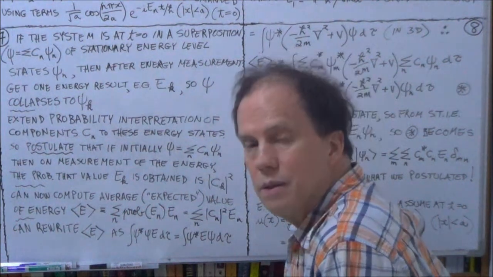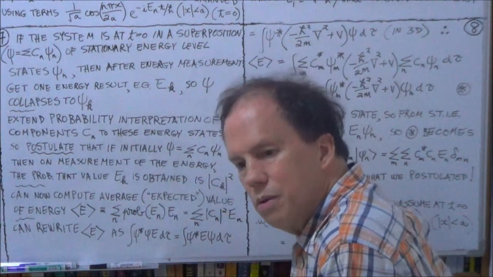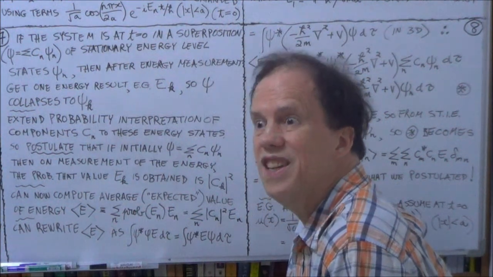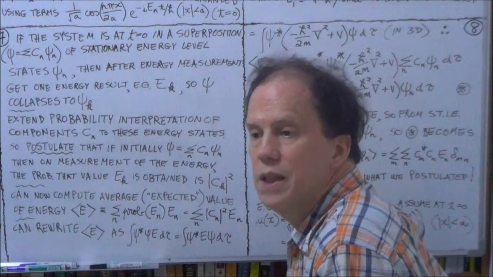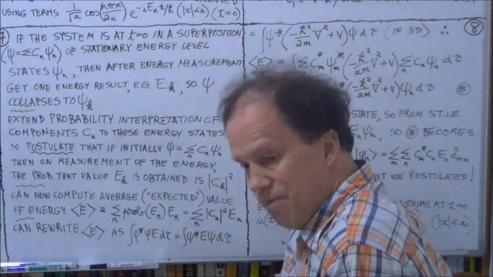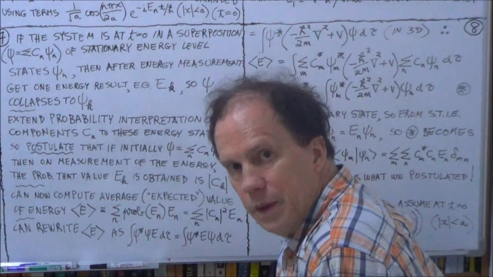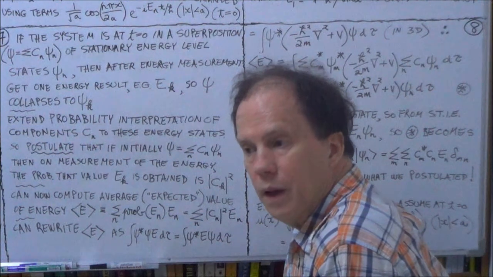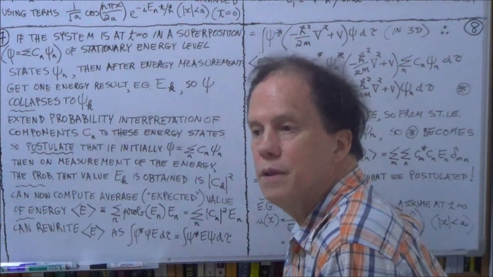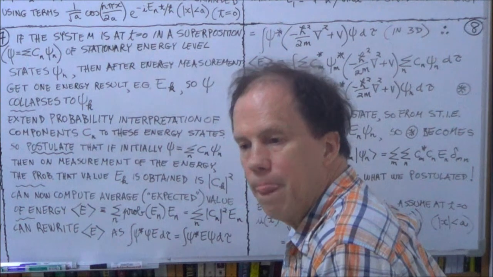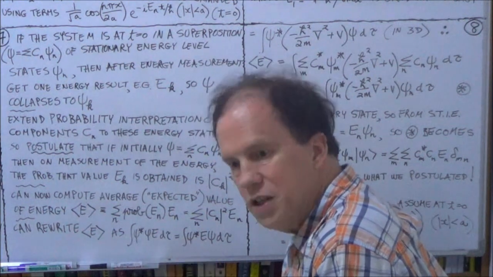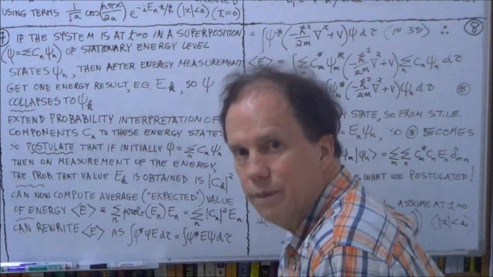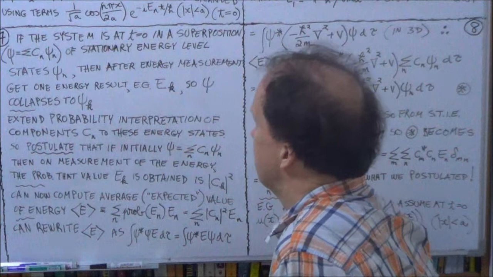Okay, so we'll now show you that when the observable is energy, when your big A is E, a measurement of energy, the C squared in your weighted sum actually gives the probability of measuring that particular energy value, E_i, the ith allowed energy.